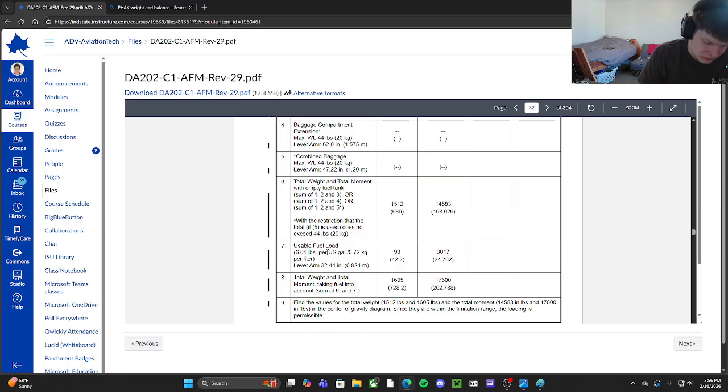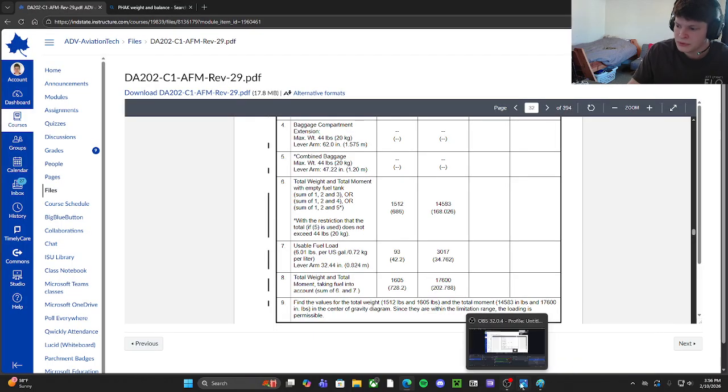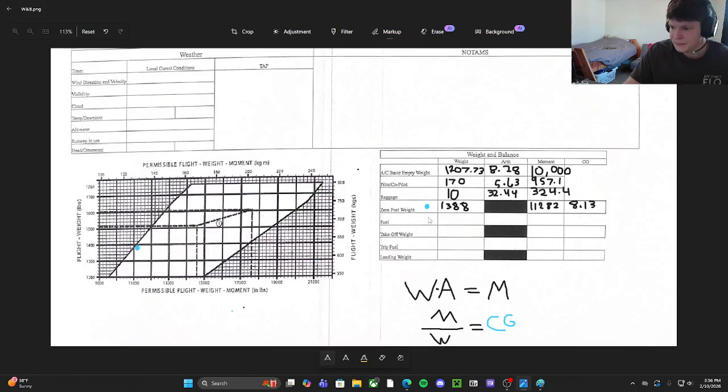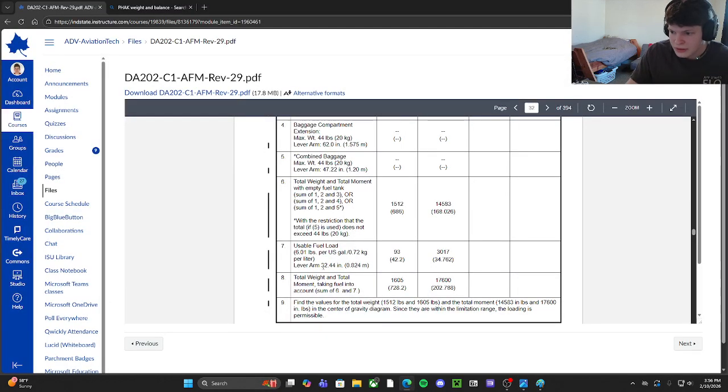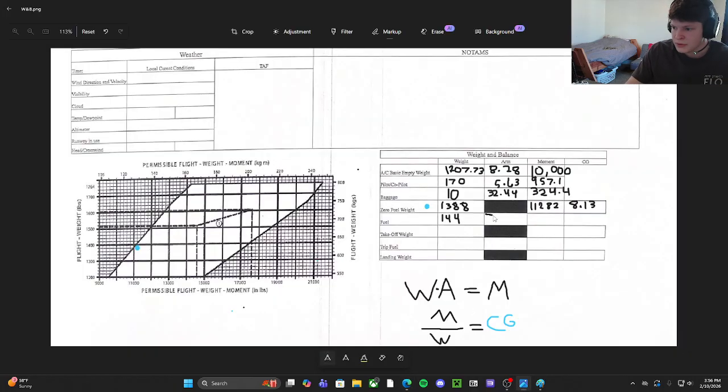So I'll do 6.01 times 24, and I'll get 144.24. Just for simplicity's sake, I'm going to round down to 144. So 144 for our 24 gallons. And then I want to find that arm, which it looks like is also 32.44 inches.